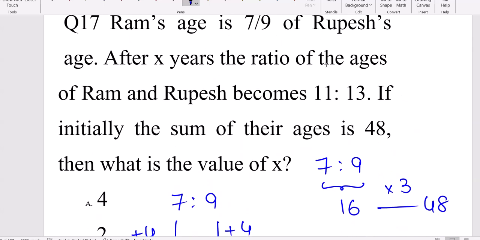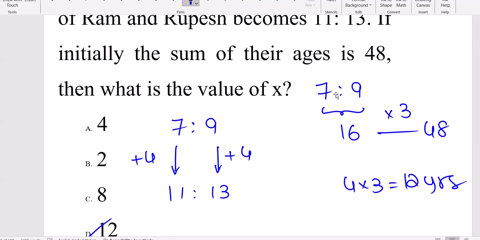I'll explain the original method also, but see the shortcut what we are doing. 7 is to 9, 11 is to 13. See, suppose your present age is 20, my age is 35, let us say. After 5 years, your age is 25, my age is 40. Both are increased by the same amount. Here you see that in ratio, initially 7 is to 9, now 11 is to 13. Both are increased by 4.